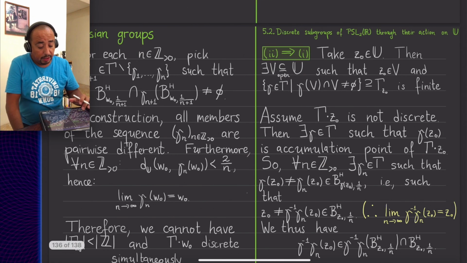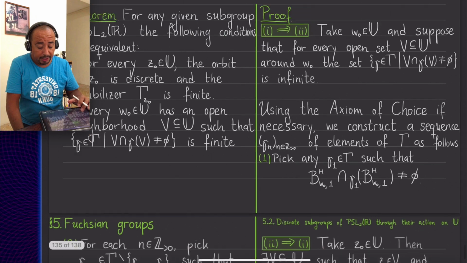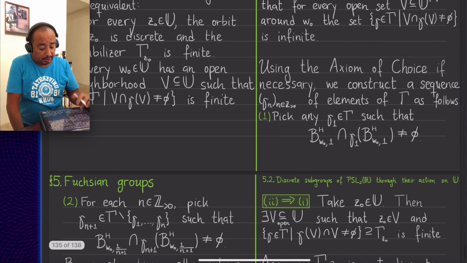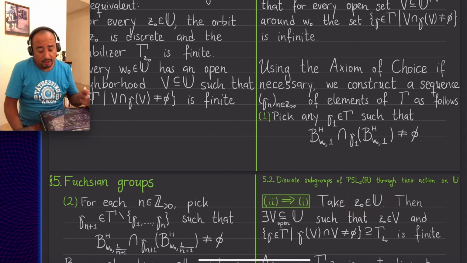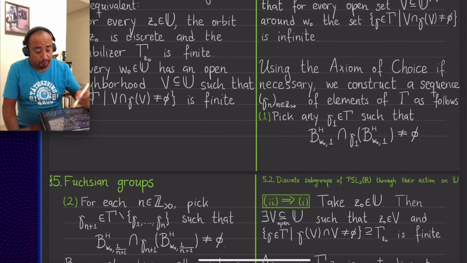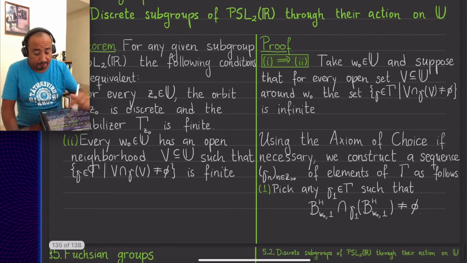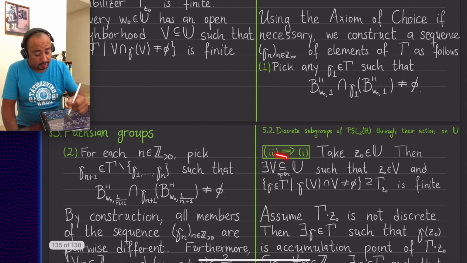Okay, now let's show that 2 implies 1. So take any element of U. By default, since we are assuming 2, for the point we pick, there is such a neighborhood, right?